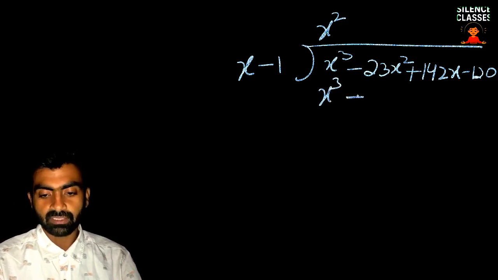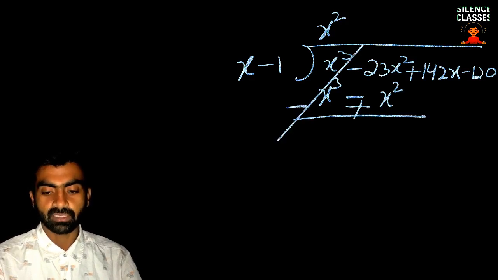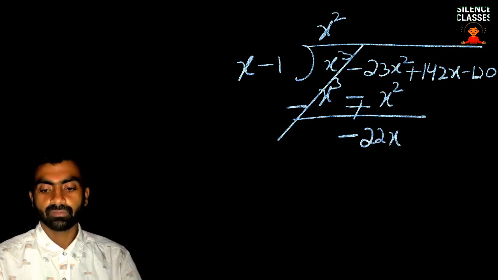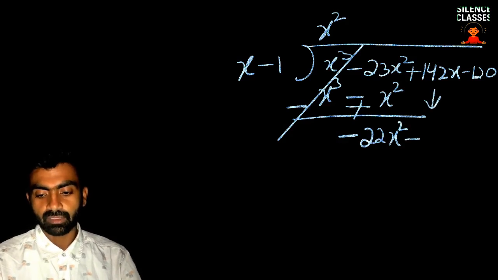We will get minus x square multiplied by 1, it will get x square. So we will say plus, we can cut this one, plus minus minus, we will get minus 22x square. Now we will bring this one, we will get plus 142x.